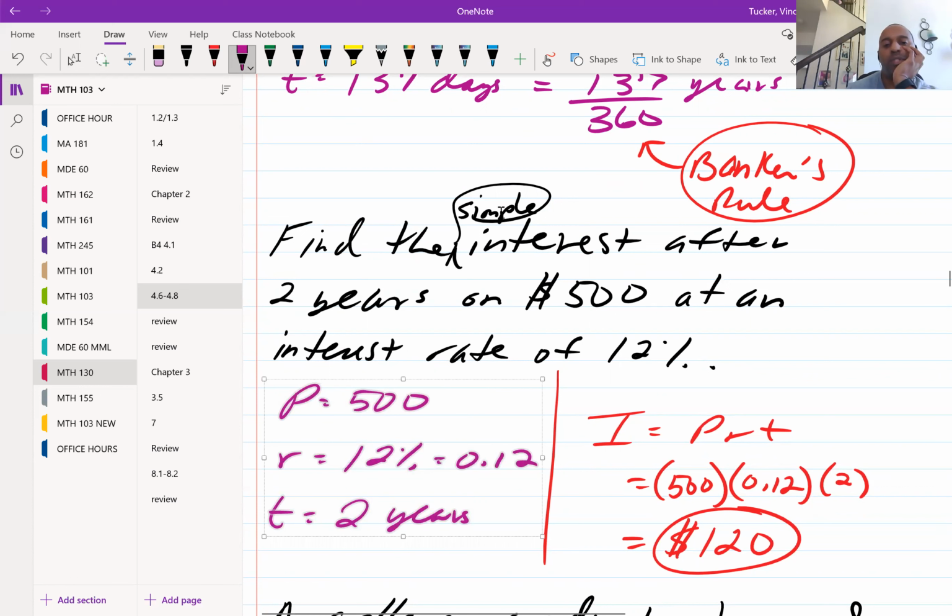R, 12%, convert that to a decimal, it's 0.12. The amount of time, T, is 2 years. Then you plug those into the formula, PRT. P times R times T, 500 times 0.12 times 2, gives you 120.